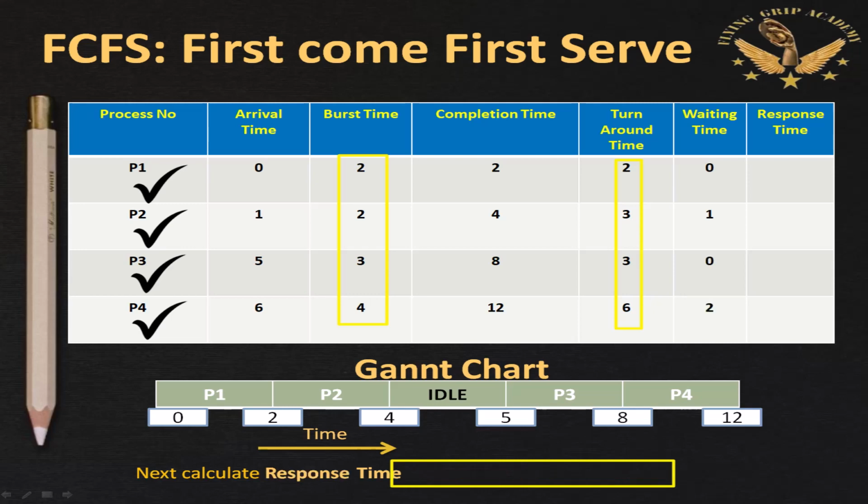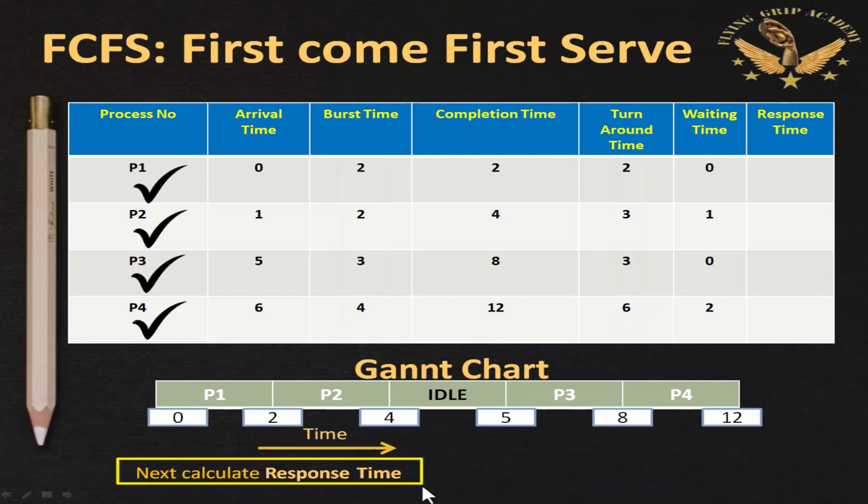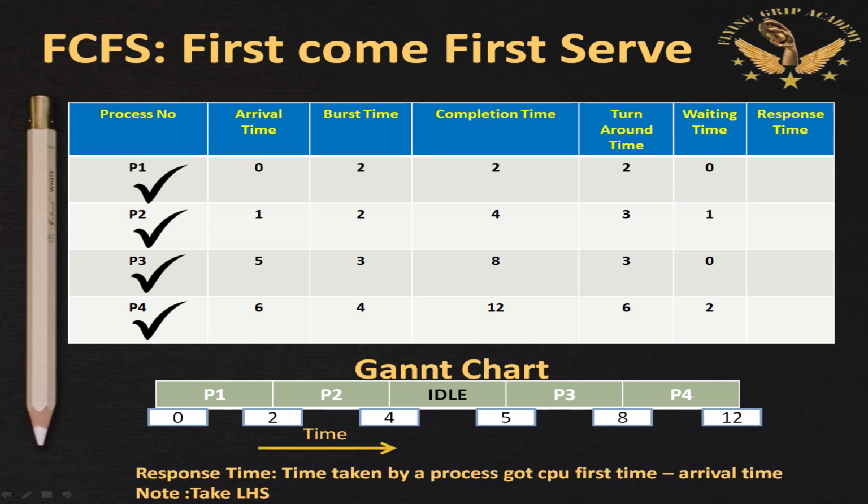So next we need to calculate the response time. In order to calculate the response time, we calculate the time taken by a process to get the CPU for the first time. So P1 has got the CPU at time 0. P2 has got the CPU at time 2.